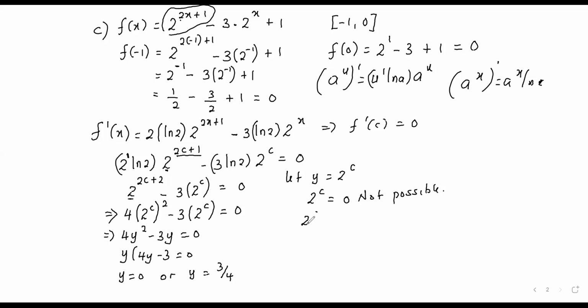And then 2 to the power c equal to 3 over 4. We apply ln on both sides. So we'll get c is equal to ln of 3 over 4, divided by ln 2.